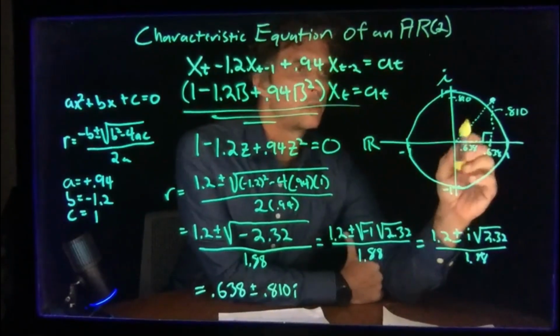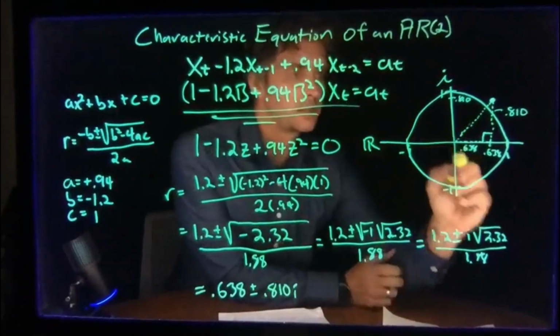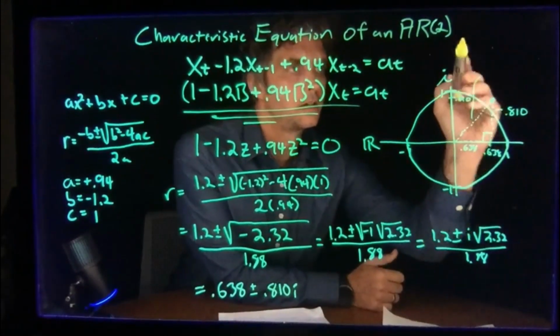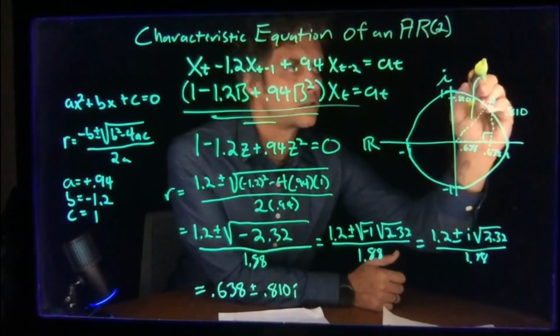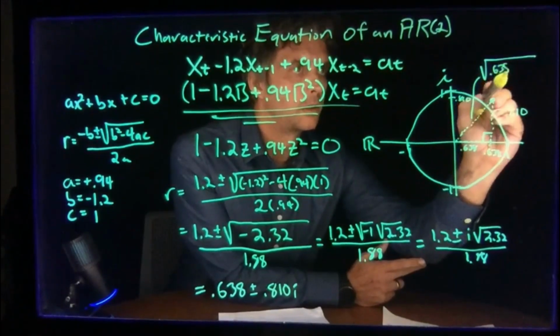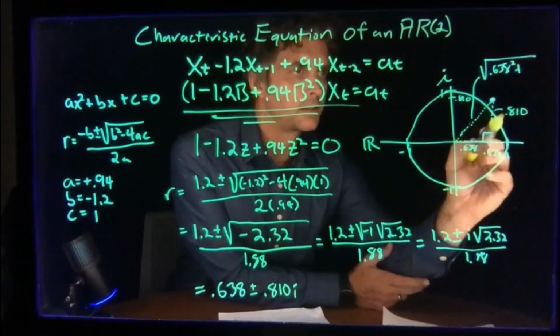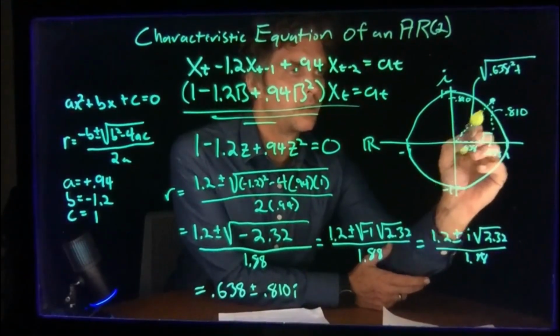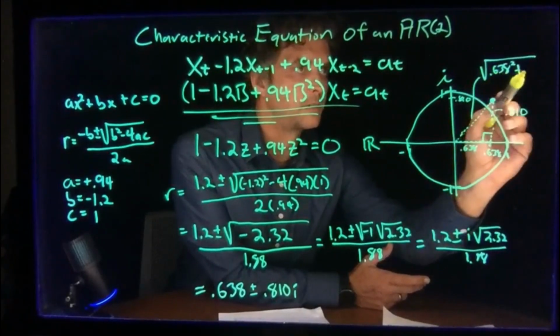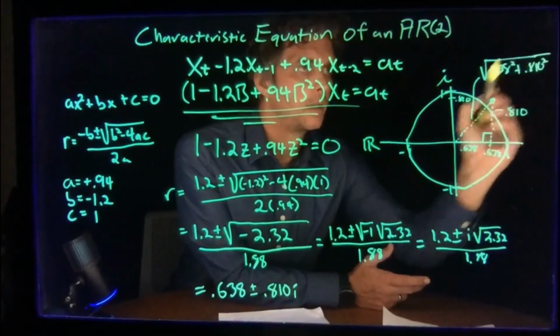So long story short, from the Pythagorean theorem, this is just the square root of 0.638 squared plus 0.810 squared. Again, the Pythagorean theorem: this leg squared plus this leg squared equals this leg squared. So this leg is the square root of the sum of these two legs squared.